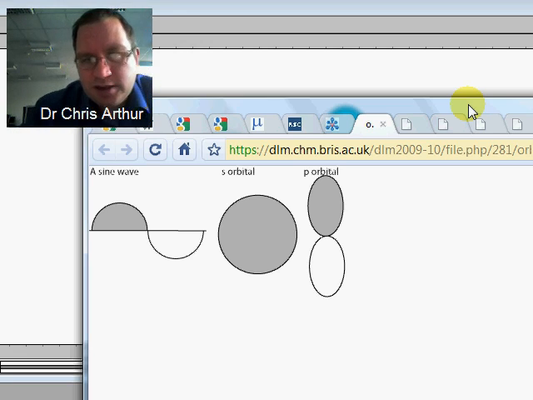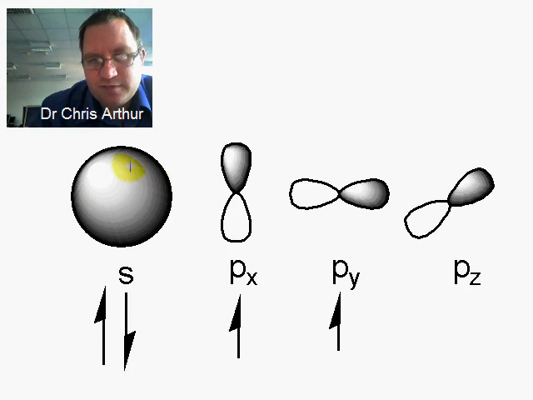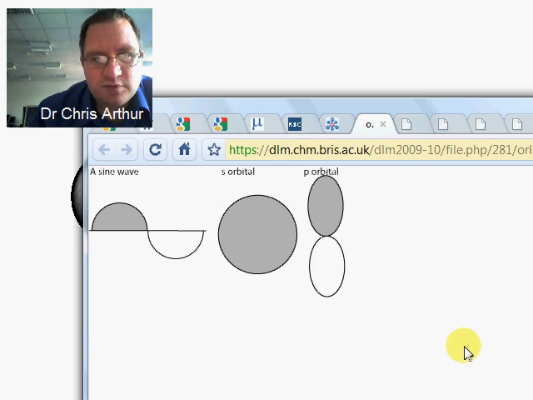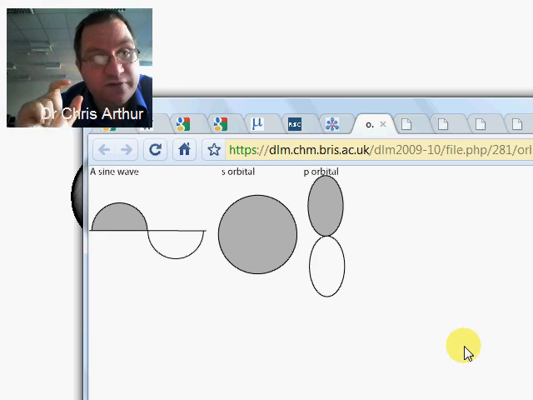Now, all along I have been showing the orbital pictures, and they look like this, where we have a grey bit and a white bit, or the s orbital is this grey bit. And I've deliberately not explained that. Because we're talking about an equation, we can talk about what's called phase.